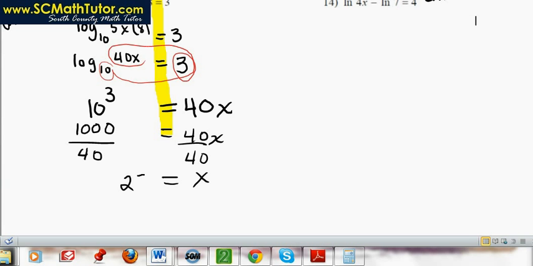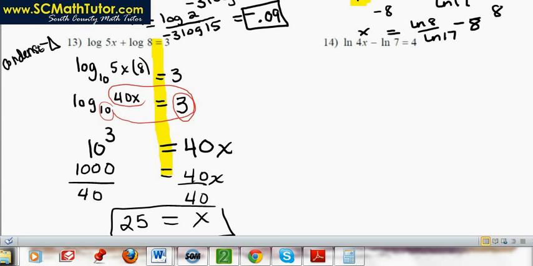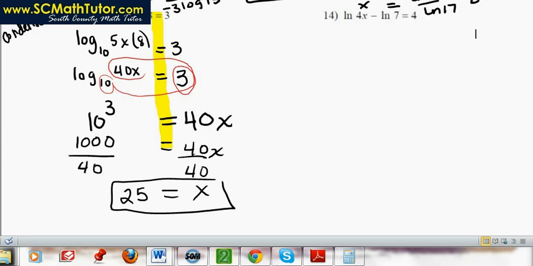So your variable x equals 25. You can do the most basic check: if you plug it in, 5 times a positive number will be positive, so our basic error check shows us that this is fine.